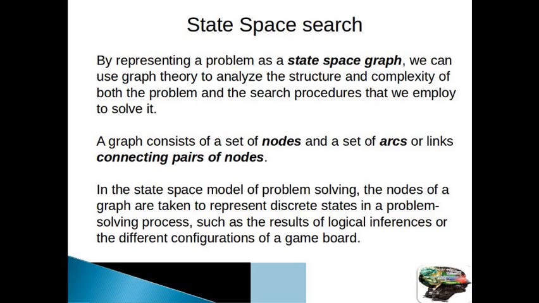A graph consists of a set of nodes and a set of arcs or links connecting pairs of nodes. In the state space model of problem solving, the nodes of a graph are taken to represent discrete states in a problem solving process, such as the results of logical inferences or the different configurations of a game board.